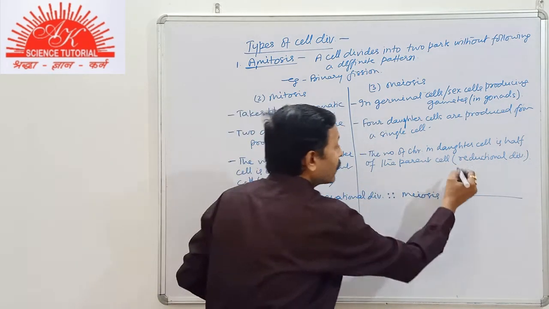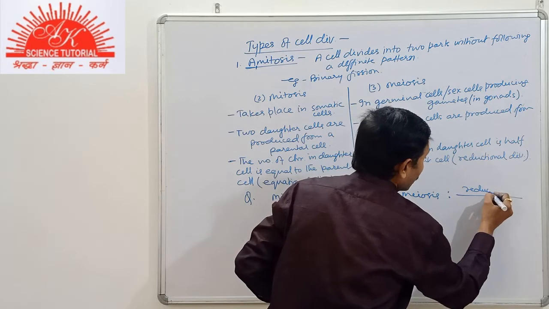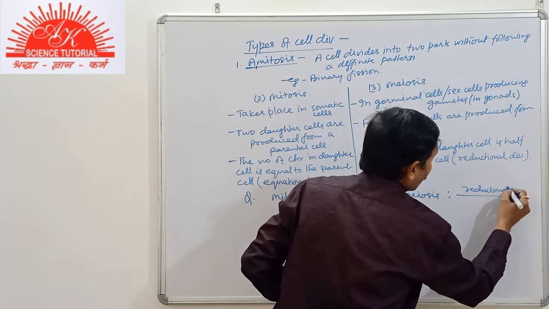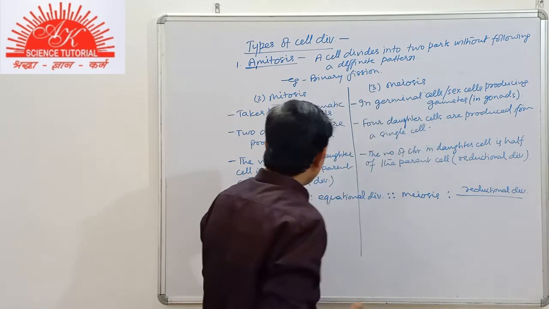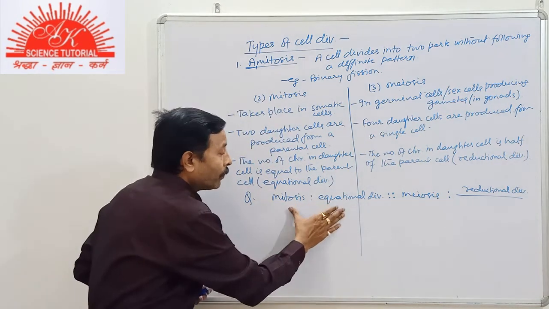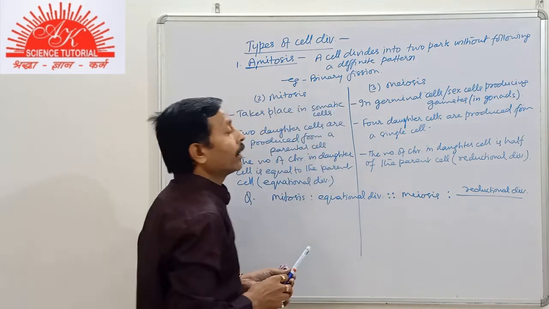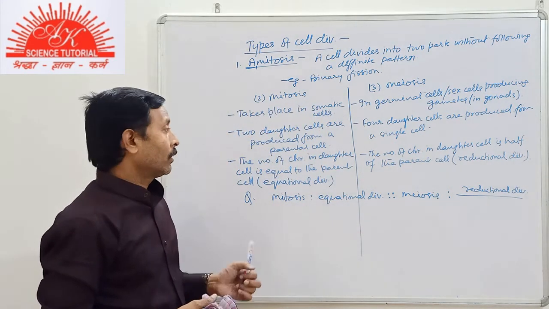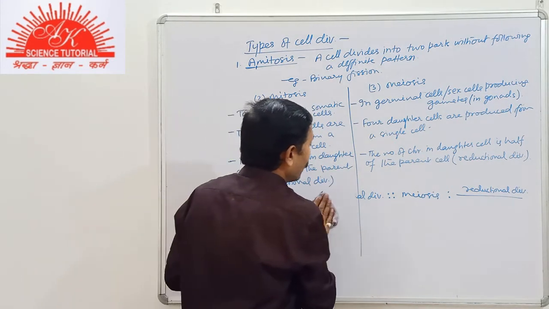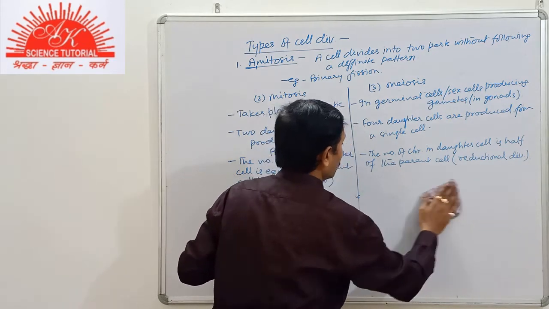Then you will have to write here reductional division. So in this type of question, from the first pair we find the relationship, and in the second pair the answer is written accordingly. So just you know about the number of chromosomes.